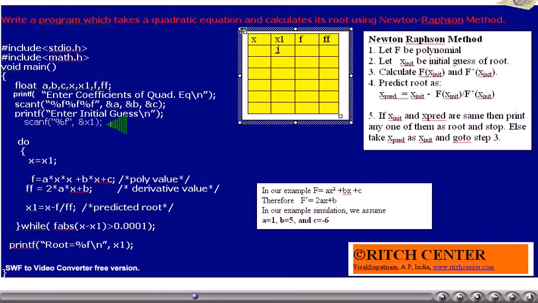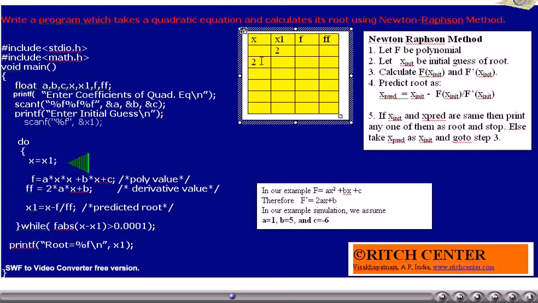The same is read into the variable x1. We assume that the coefficients of this quadratic equation are 1, 5, minus 6. That is, a is equal to 1, b is equal to 5 and c is equal to minus 6.